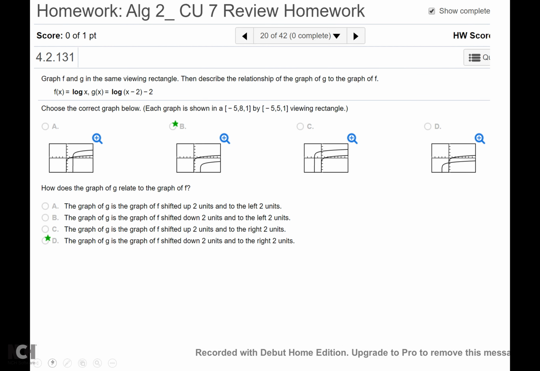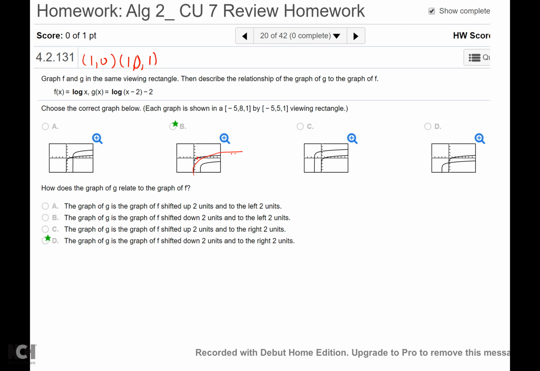Okay? Graph f and g in the same viewing angle, then describe the relationship of the graph of g to the graph of f. Alright, well, log base 10 of x is going to pass through 1, 0, and 10, 1. That's out here somewhere.